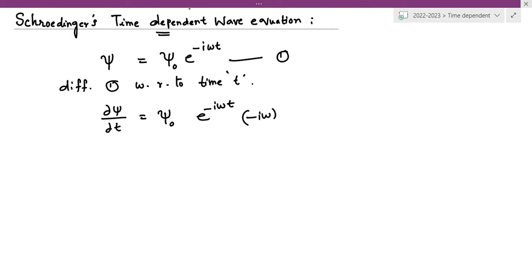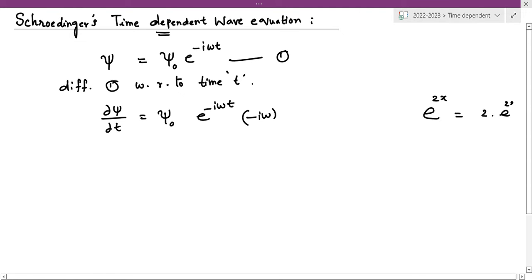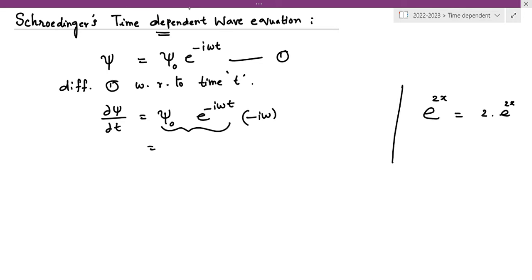That is differentiating e power 2x as 2 into e power 2x. Now psi naught e power minus i omega t can be replaced with psi from equation 1.